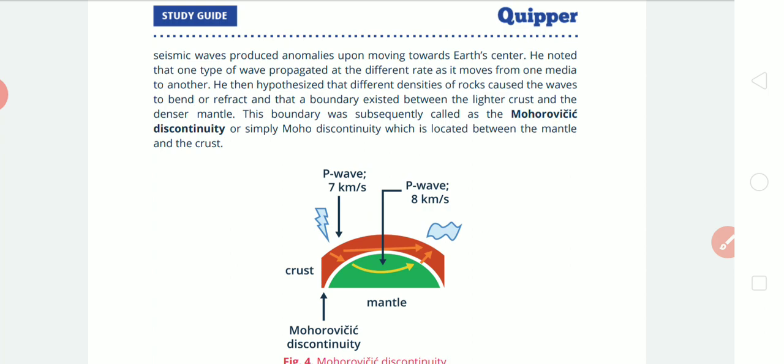Mohorovic then hypothesized that different densities of rocks, or yung pagkakaiba-iba ng densities ng mga rocks, are actually the cause for the waves to bend and refract. Kasi nga, merong mga rocks na lighter, meron ding mga rocks na denser.